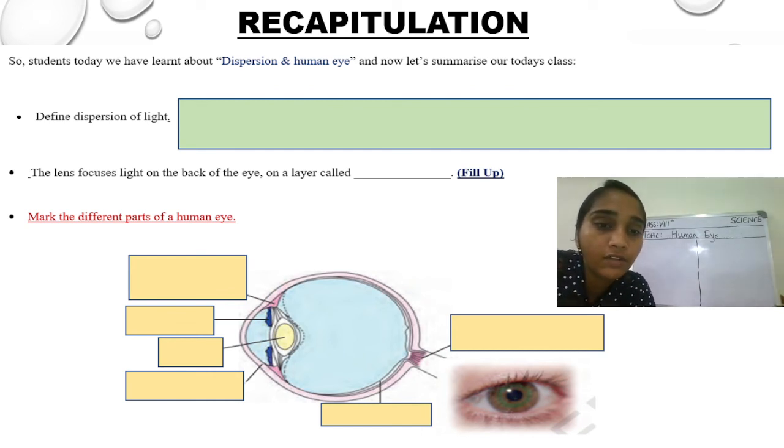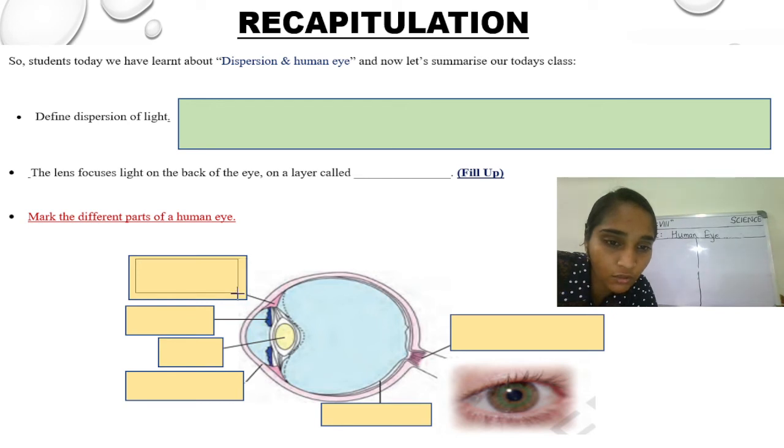Here, what will come in the first blank? Yes, you can speak side by side, I will write. We haven't discussed this one yet, but yes, this part is called the ciliary muscles. Very good students. And what about the second?